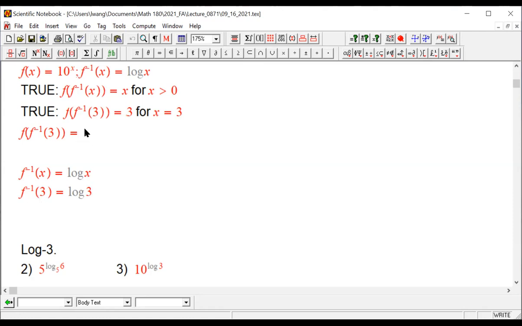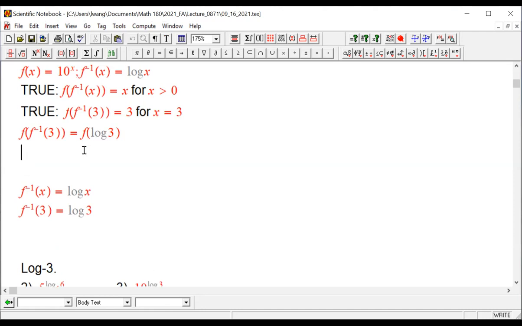Therefore, one step further, this guy will be replaced by its equal. And then the rule of f is applying on log 3. But what is f? This is f, right?